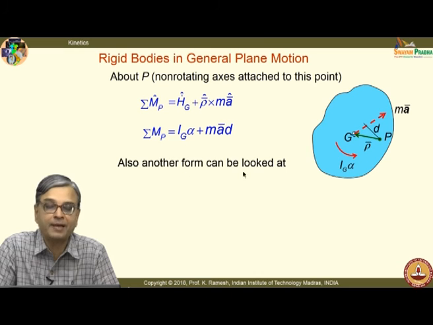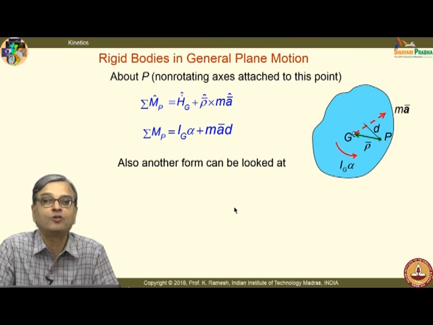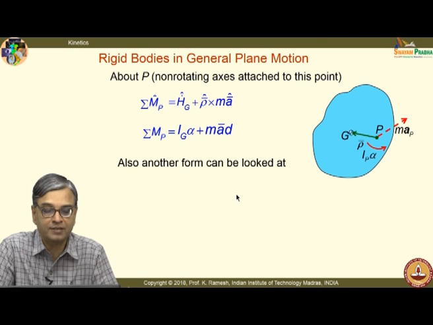Also, another form can be looked at. Now, we would like to get ourselves armed with different forms of these expressions. Depending on the context of the problem, we would invoke one of these. And I can also recognize that the point P has an acceleration a p. Then I can put the motion differently.